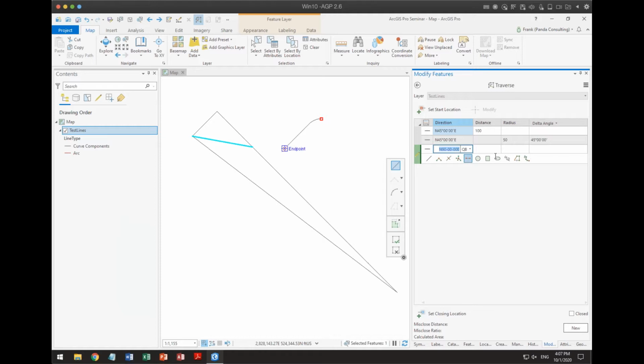Don't use chord distance because that is rounded. And what you will find is that if you've got a series of these, where you've got a whole bunch of curves, there is rounding error accumulating. It might be 5 thousandths this way, 5 thousandths that way.